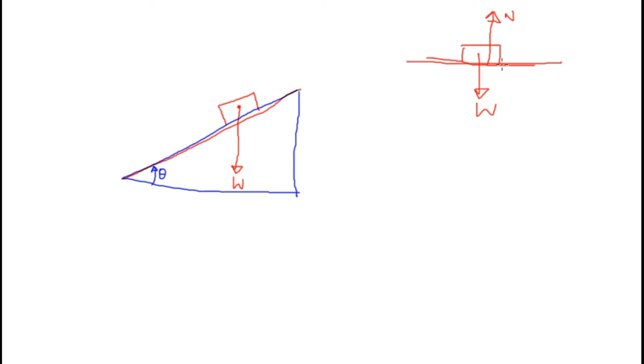So it's a contact force. The normal force in this case will not move in this direction opposing the weight of the object. It will rather move perpendicular to the surface at 90 degrees. This is the surface, so it will move in this direction.